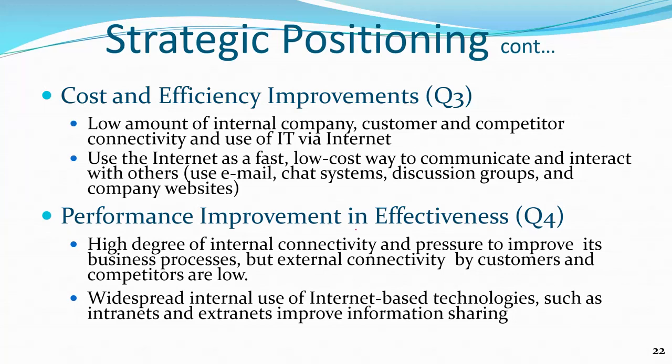We know that an intranet is the network used by internal parties, and an extranet is the network used by registered external parties such as customers and partners. Once you think of the extranet, you can use the internal abilities that you have, link them with the extranet, and improve information sharing.